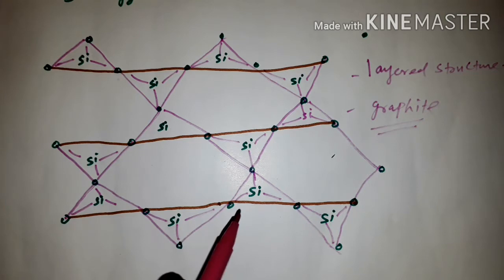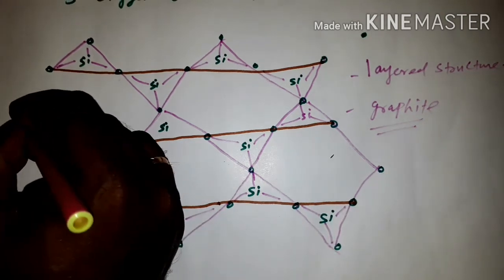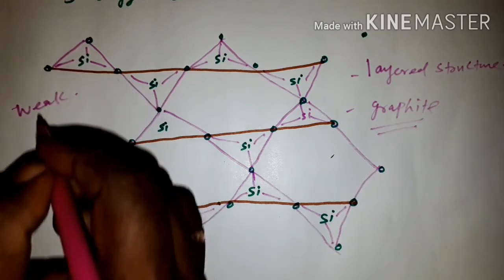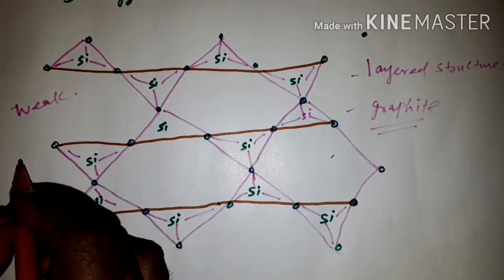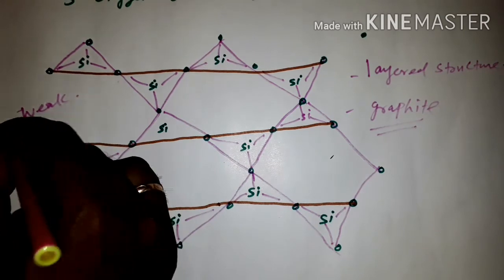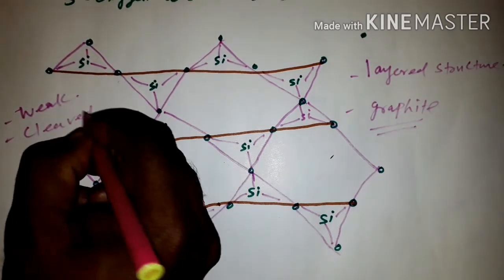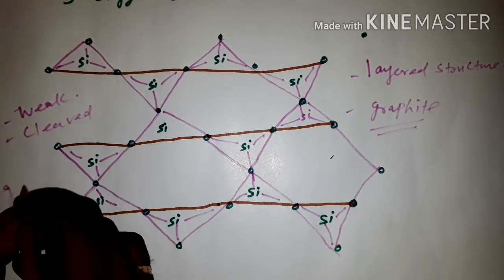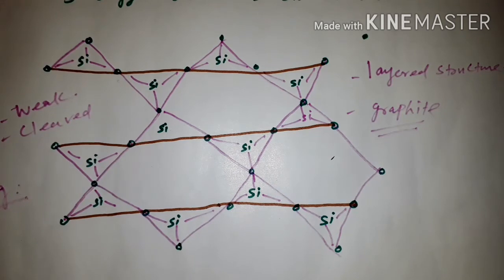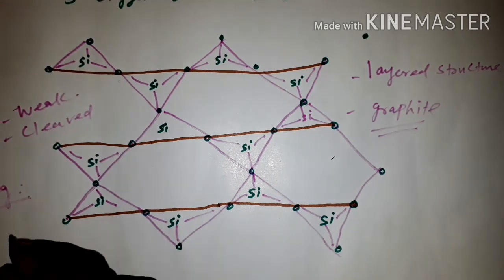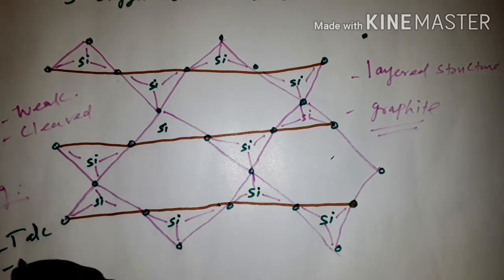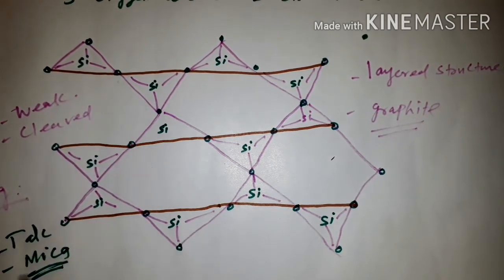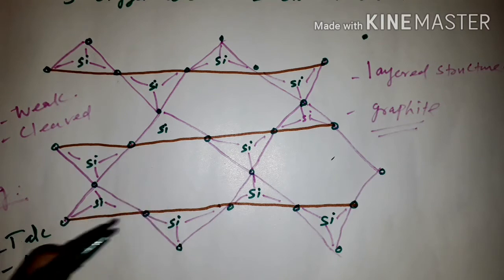So the layers are very weak, and can be easily cleaved into two sheets. Examples are talc and mica. This mica we usually use in tables and some furniture. So this is the basic structure of sheet silicates.